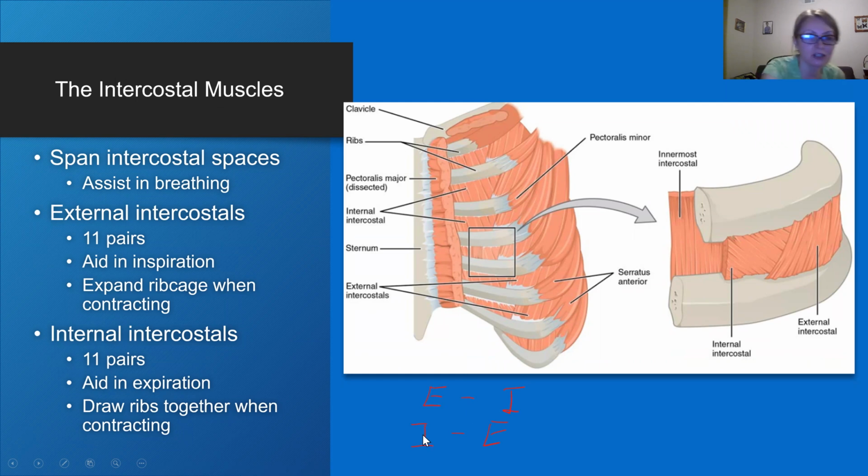If it's internal intercostal, then it's exhalation. So E with I with E, right? And E with I. External in inhalation, internal in exhalation. Yeah, that's pretty much their job.